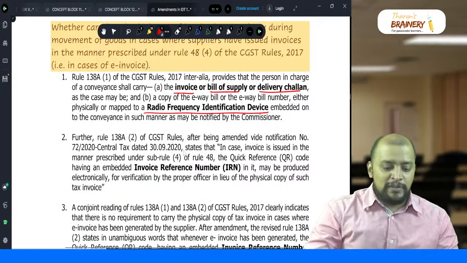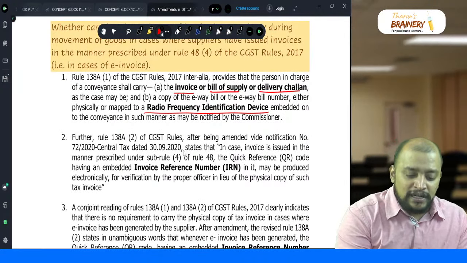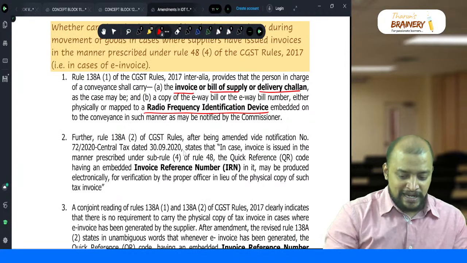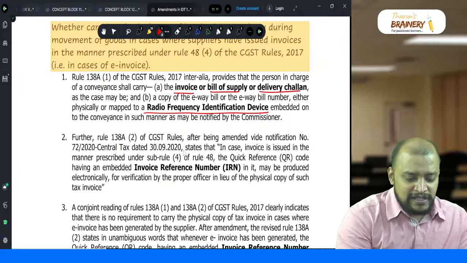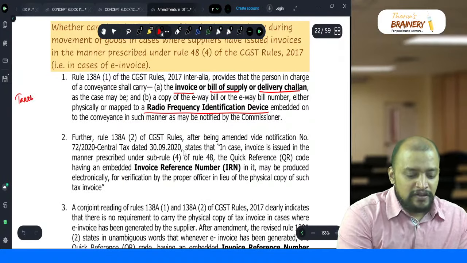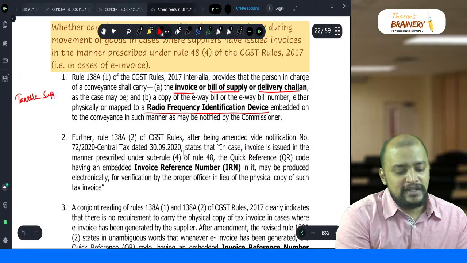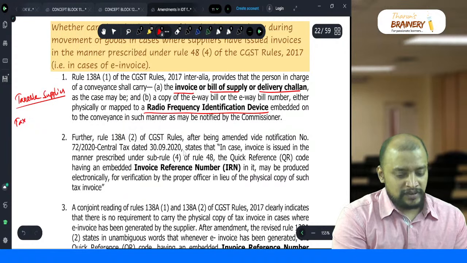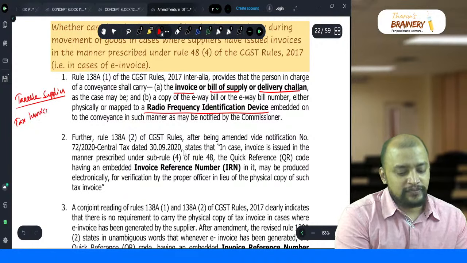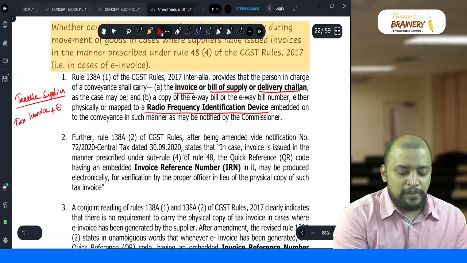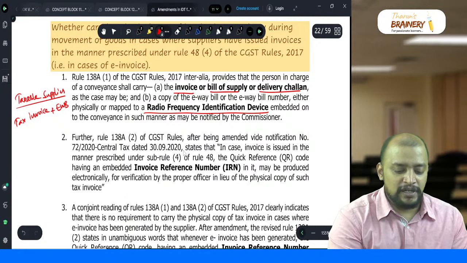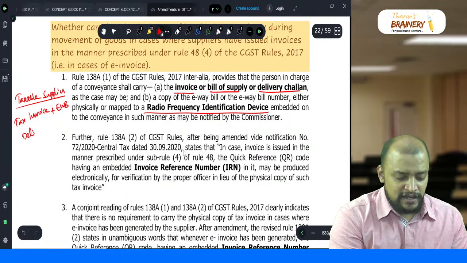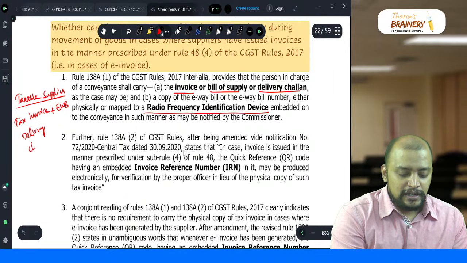Further, remember, for taxable supplies we need tax invoice plus e-way bill, or delivery challan plus e-way bill.